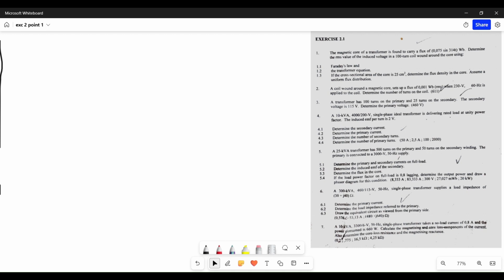Question 6.1: determine the primary current. So we are given the value of the load.